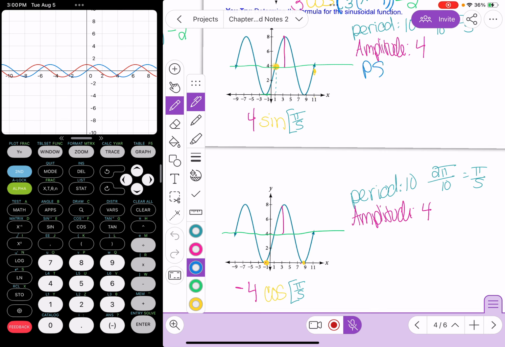Then our phase shift. For sine, we started at positive 1, so we went right 1. So in parentheses, I would do x minus 1. Cosine, we went left 1. So I would do x plus 1.